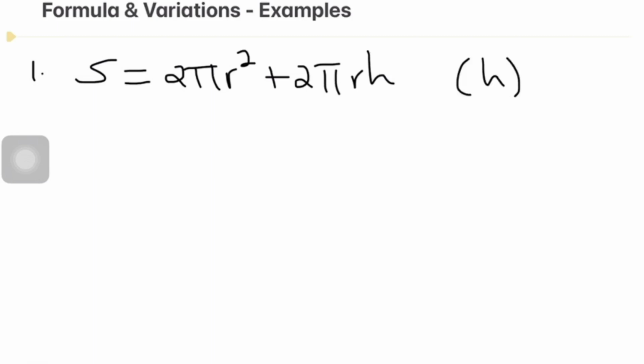And as I mentioned previously, if you want to make either of the letters the subject of the formula, what you normally look out for, number 1, is that letter that you are being asked to make the subject of the formula, and you have to locate it where it is the first thing.